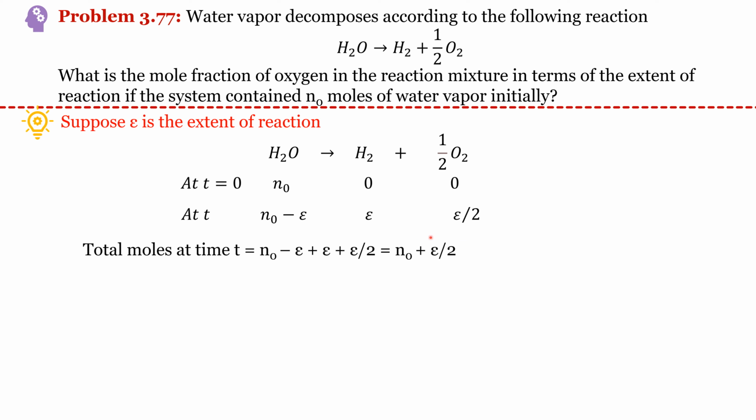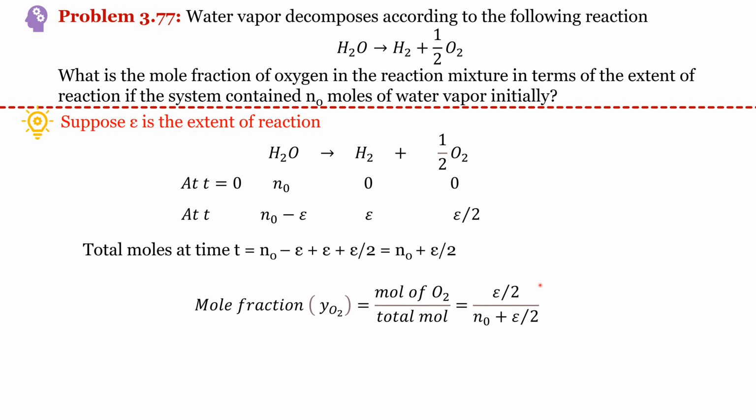So we can easily estimate the mole fraction of oxygen. So mole fraction of oxygen will become equal to moles of O2 present at time t divided by total moles at time t. So mole fraction can be written as epsilon by 2 divided by N naught plus epsilon by 2.